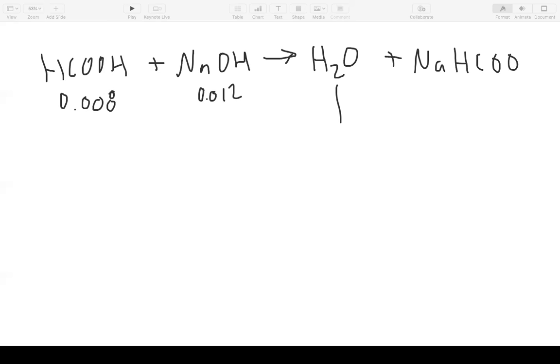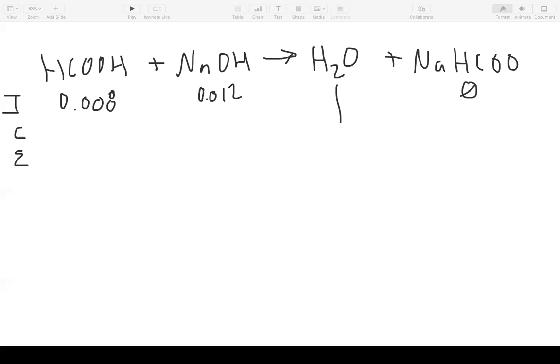And then over here we have 0. Based off of what we have here, what is our limiting reagent going to be? HCOOH will be our limiting reagent.